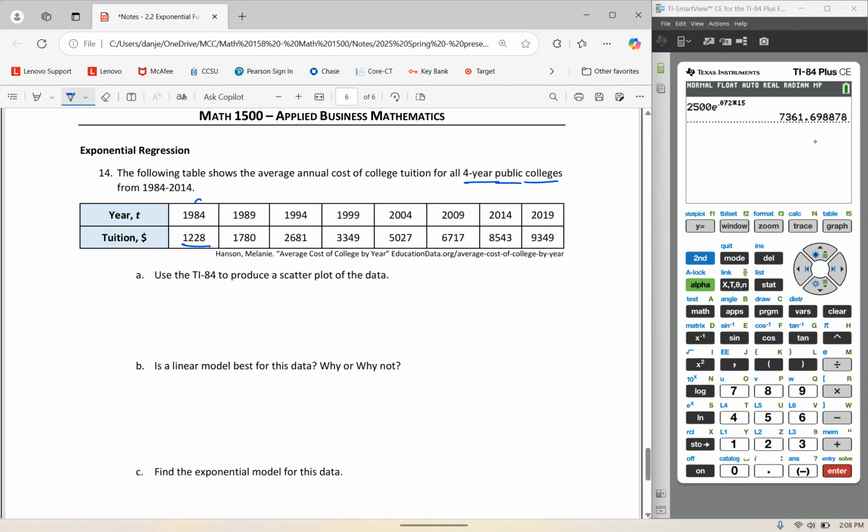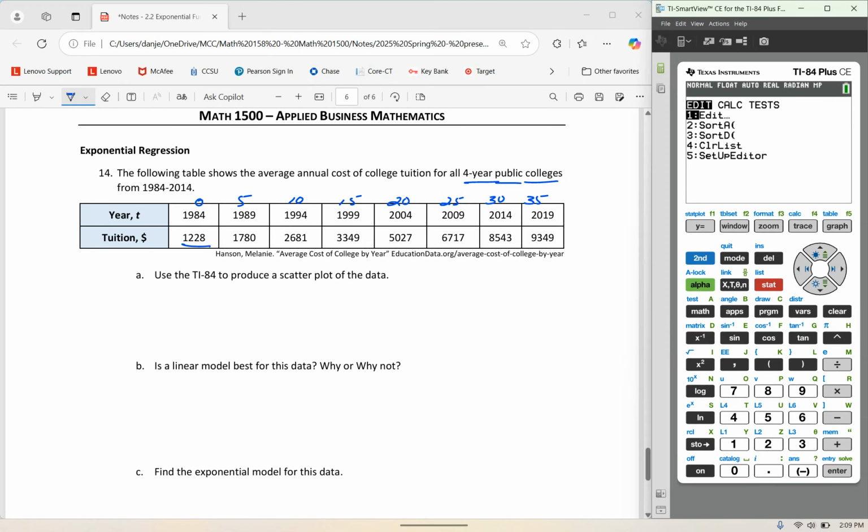I'm going to let 1984 be year 0. And then you'll notice that every year, I increased by 5 years. So I'm going to use 0, 5, 10, 15, 20 for my X values to represent the number of years since 1984.